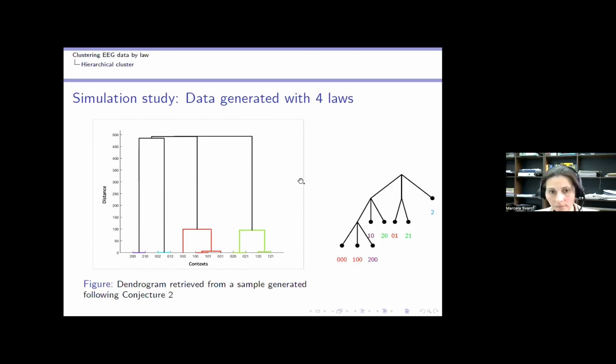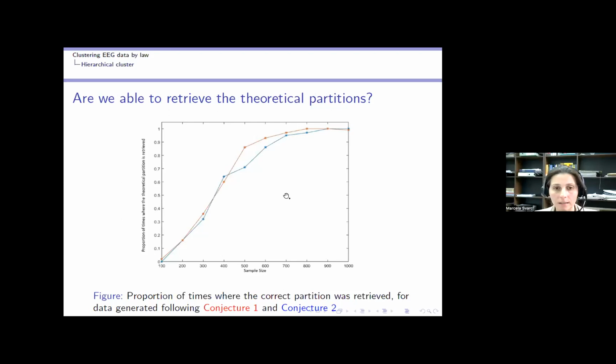So we've done this several times. I think there were 1,000 replicates for different sample sizes for each conjecture. And here what we have is the proportion of times the theoretical partition is retrieved in each case.